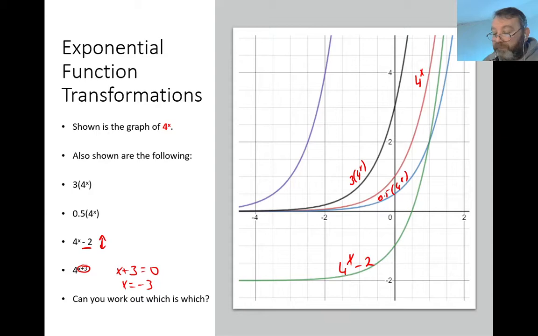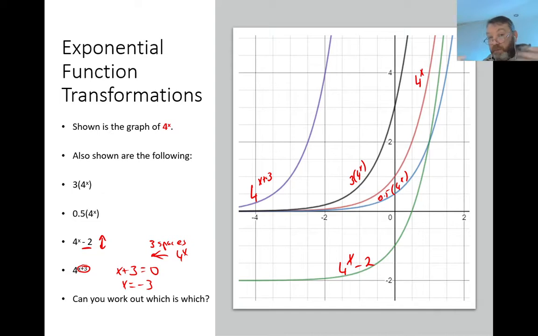So x equals minus 3, which means that the original 4 to the x has been shifted back to the left by 3 spaces. Take that red line there, the only one that looks like it's been shifted back 3 spaces is this one here. So that must be 4 to the x plus 3.